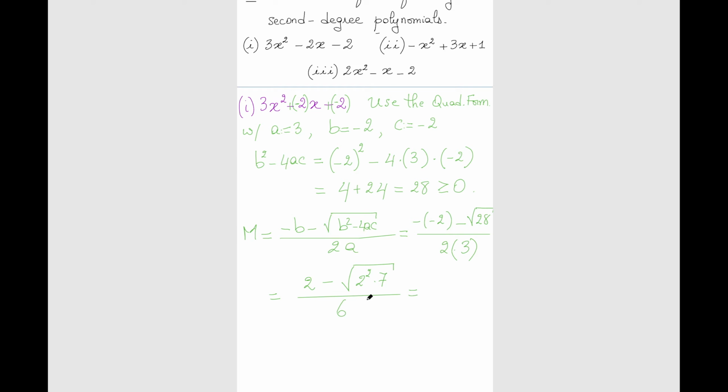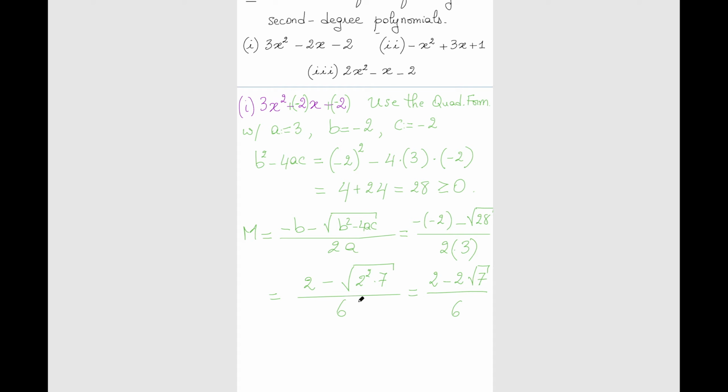All right. Square root of 2 squared times 7, square root commutes with multiplication in the sense that square root of a product is the product of the square roots. So we get square root of 2 to the power 2, which is square root of 4, times square root of 7. And square root of 4 is 2, right? So it's 2 minus 2 square root of 7 divided by 6.